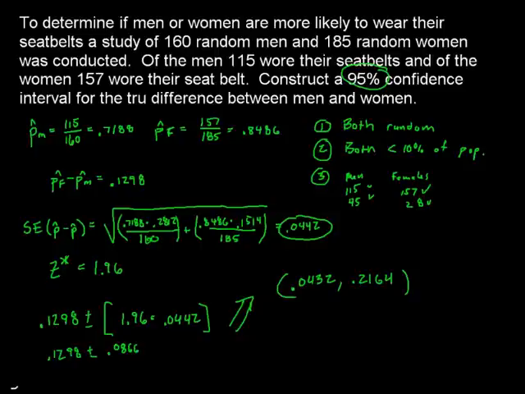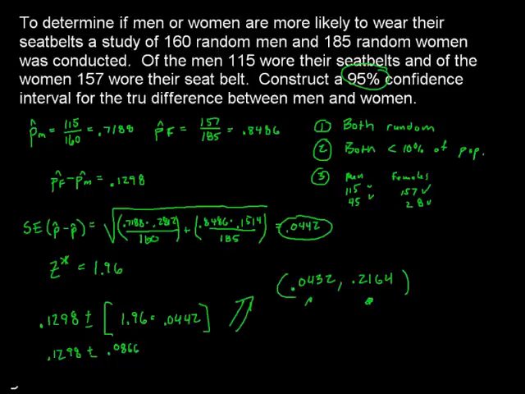Remember, we started off thinking that women were about 13% more likely, or 13% more women wore their seatbelt. And now our interval shows that it could be as high as 22%, but it could be as low as 4%. I'm rounding there just to say it, but that's the idea.